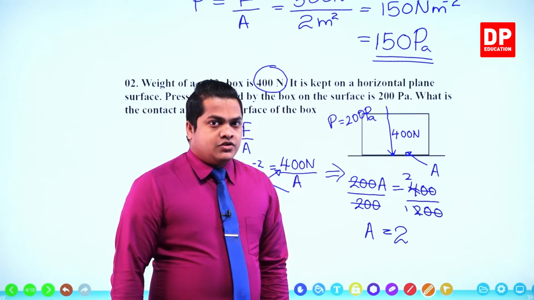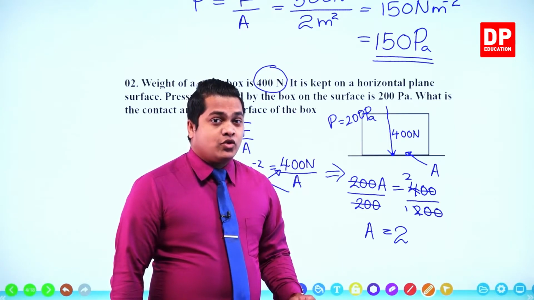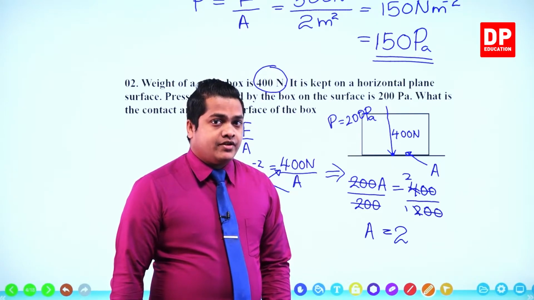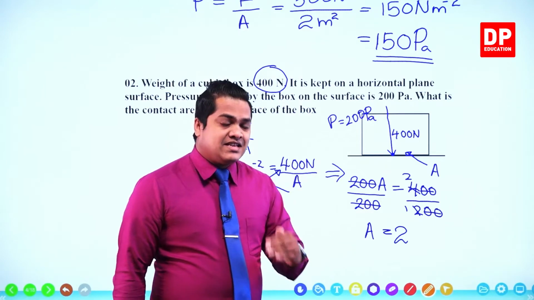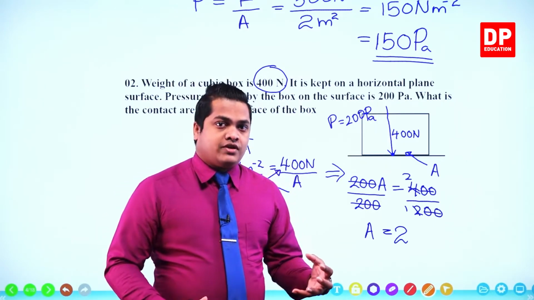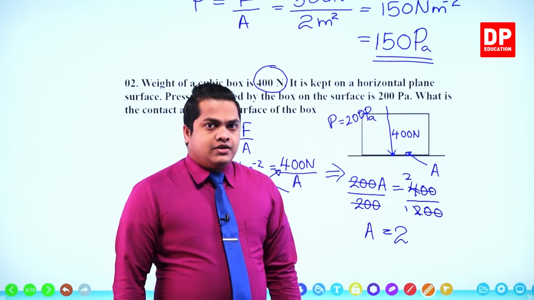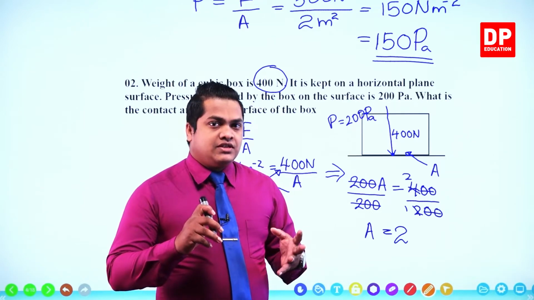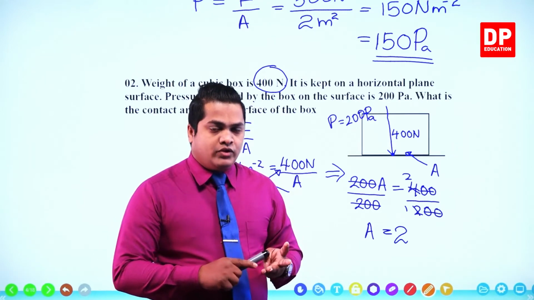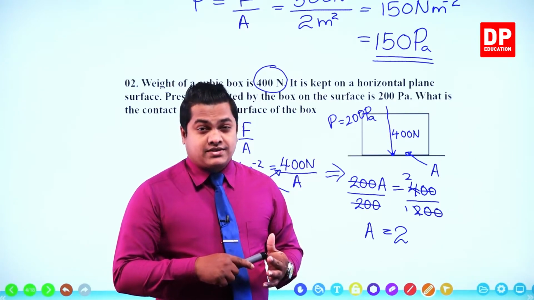Okay. So you know that area is measured in square meters. I told you at the beginning of our chapter, area is measured in square meters. That is the international standard unit of measuring area. So here you substituted the values in newtons and newtons per square meter, or pascals.